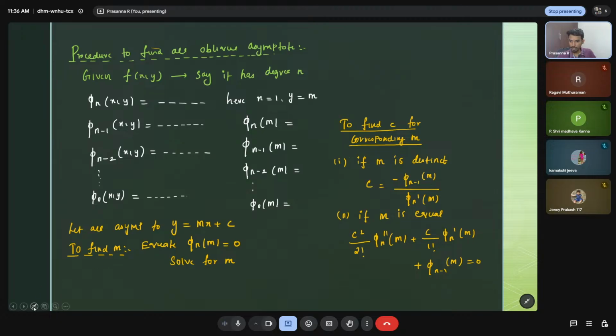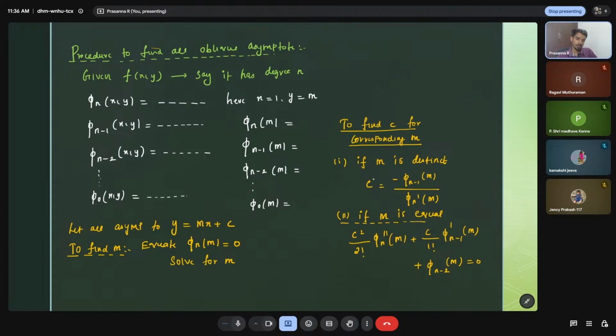No, no, Pn minus 1, Pn minus 2 of m is equal to 0.